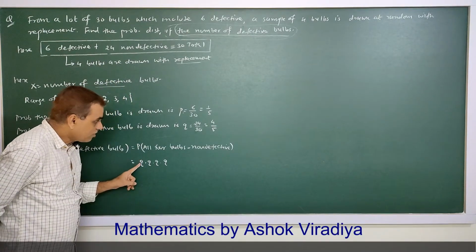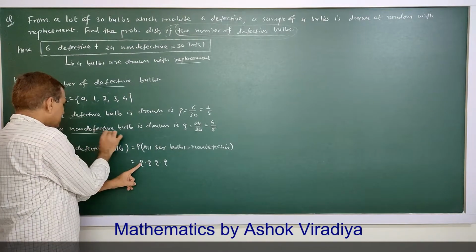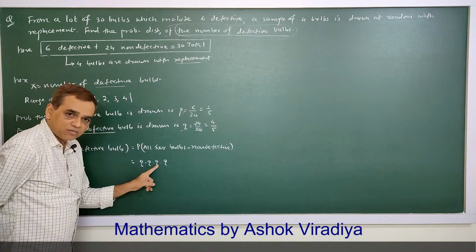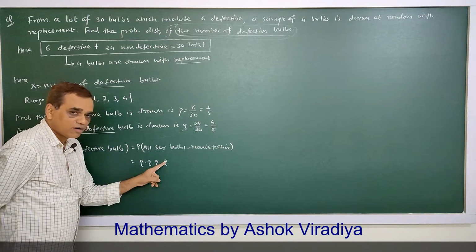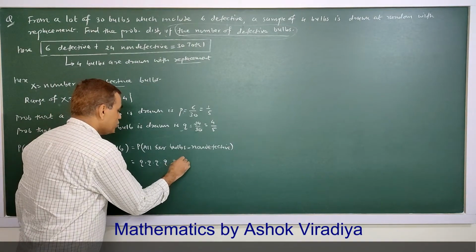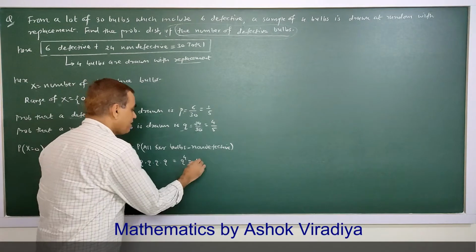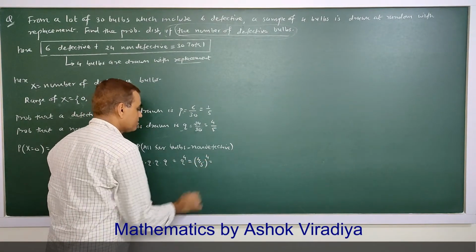Probability of first bulb non-defective, into probability of second bulb non-defective, into probability of third bulb non-defective, into probability of fourth bulb non-defective. That is Q raised to 4. And what is Q? 4 by 5. So (4/5) raised to 4.